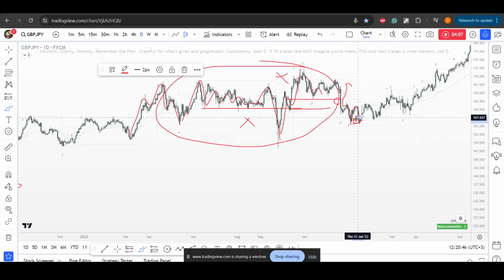This is like the earliest chain that we have. Of course, we can say that we had this move. So we have this chain, we have this chain, and then we have this chain.